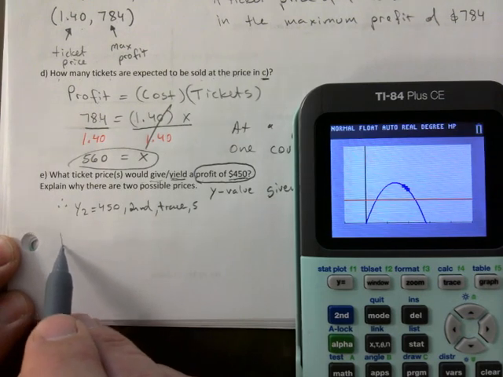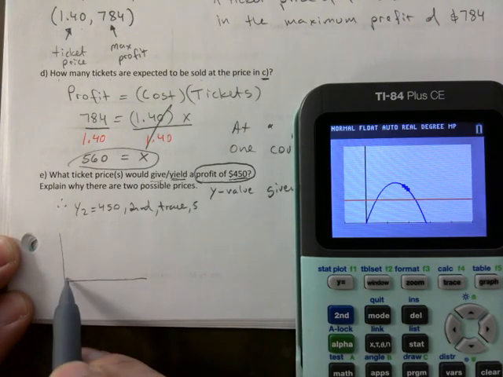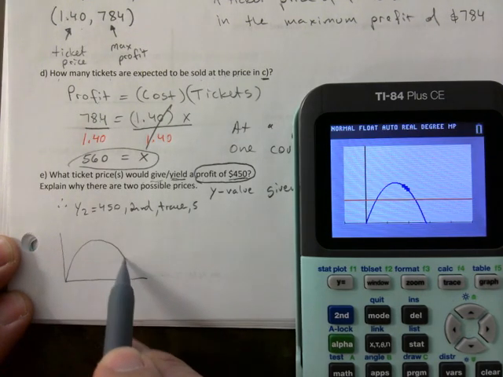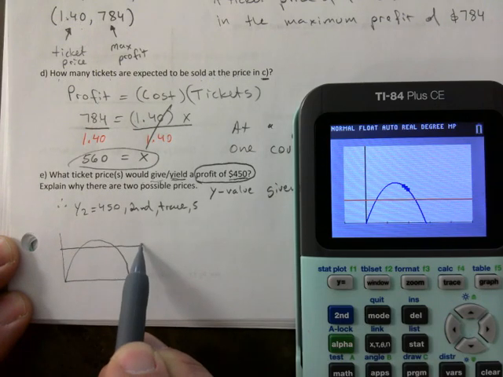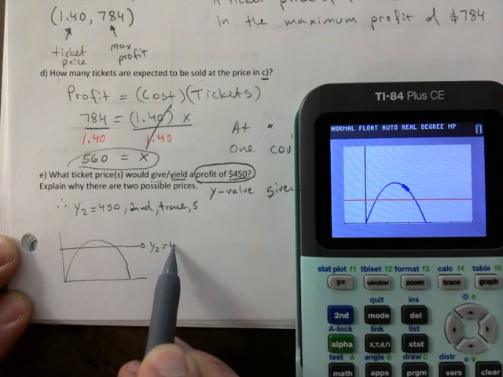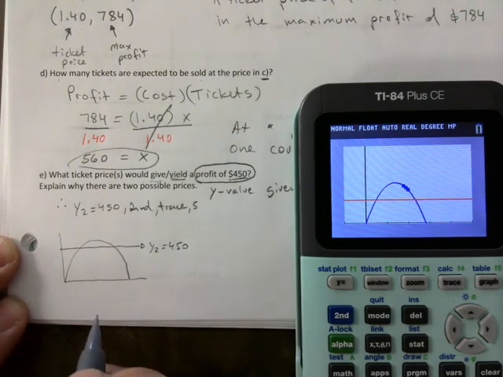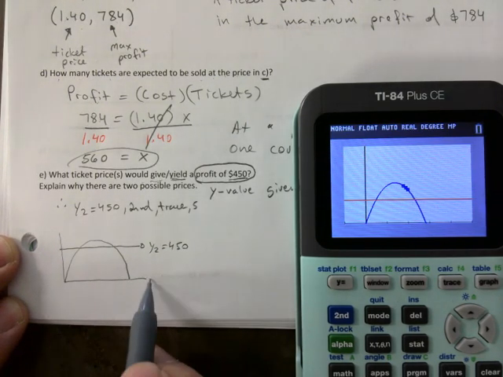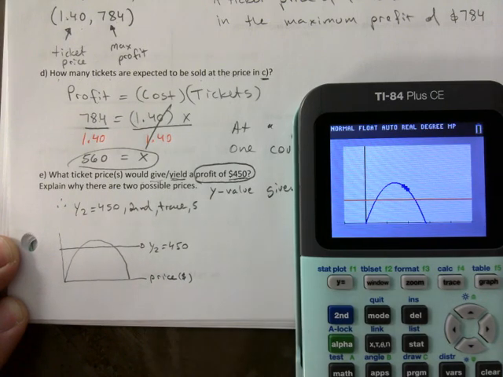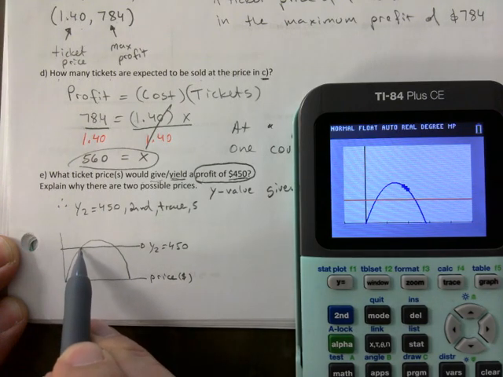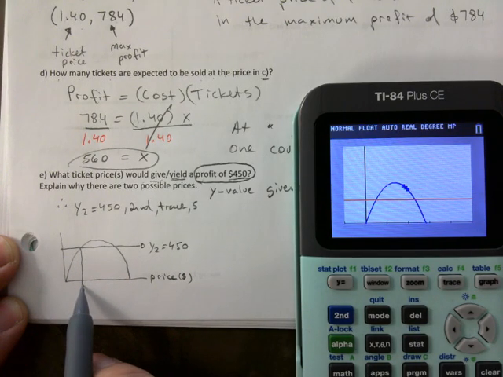So let's make a little graph here and just show this is the Y2 is equal to 450 line. And remember, the x-axis for us is our ticket price.